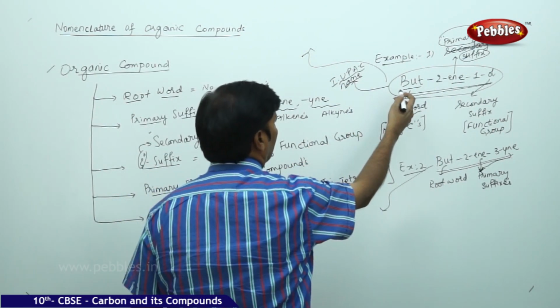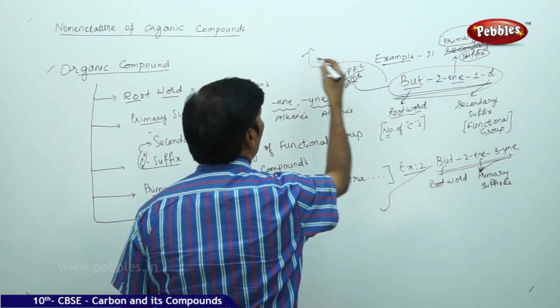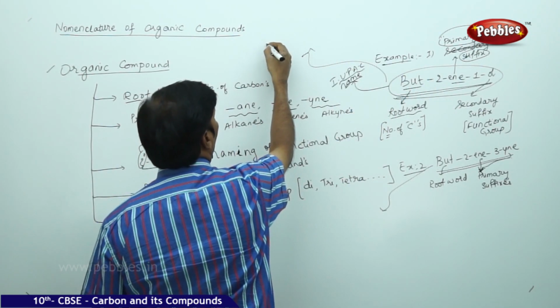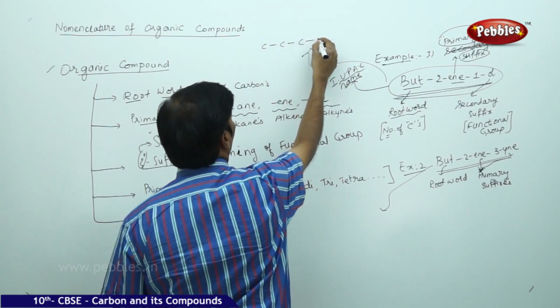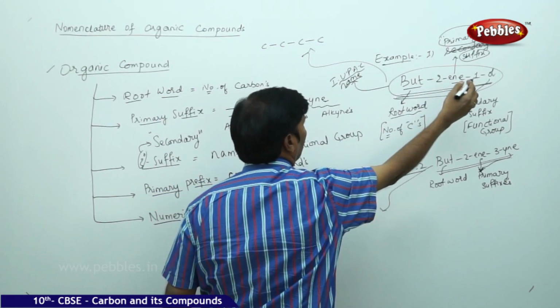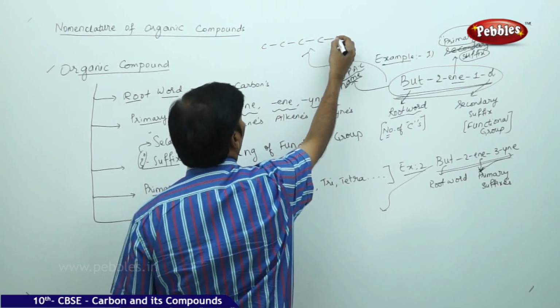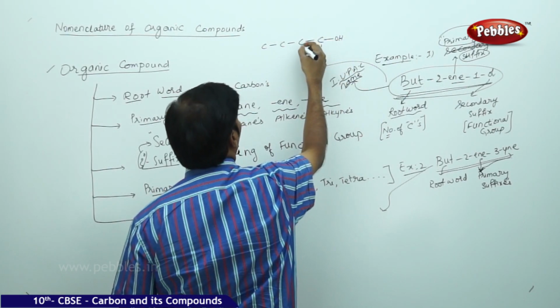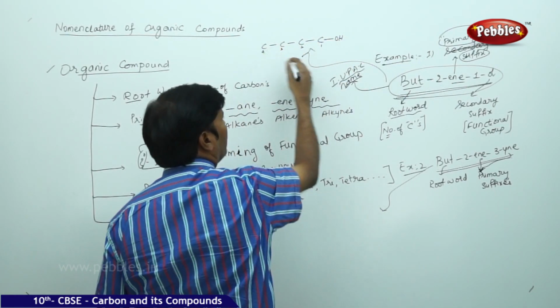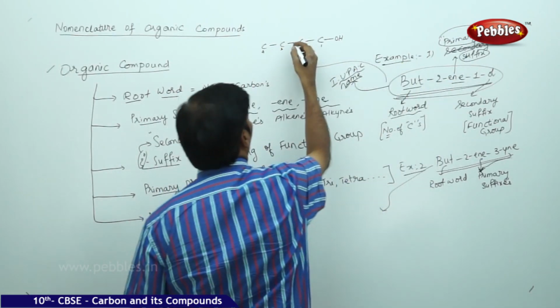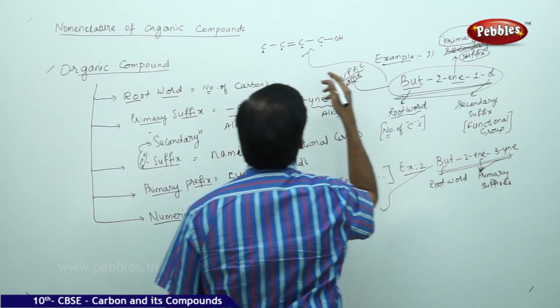If you go to the structural formula of but-2-en-1-ol, you can take 4 carbons, 1, 2, 3, 4, 1-ol. 1-ol means alcohol, so attach one alcohol here. Give the numbering 1, 2, 3, 4. Then 2-en, after the second carbon create a double bond, then satisfy the tetravalencies.